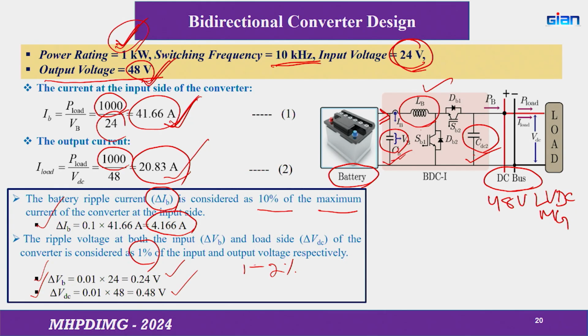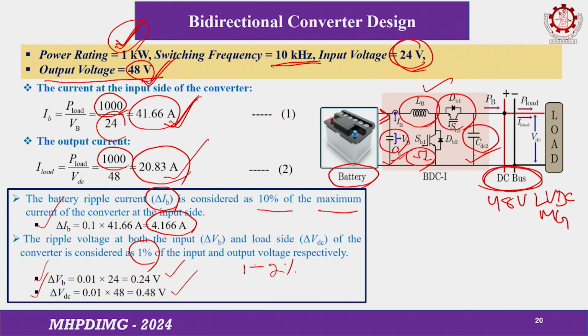Now you can operate this converter in open loop mode also, meaning you can give a switching pulse of any duty ratio. But what is required is that we have to regulate this DC bus voltage.